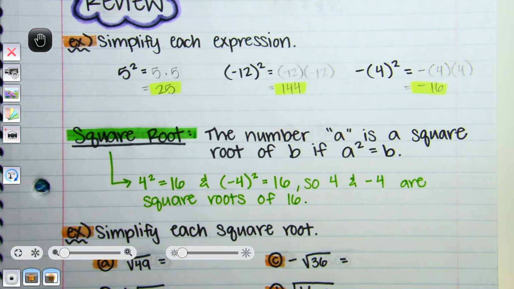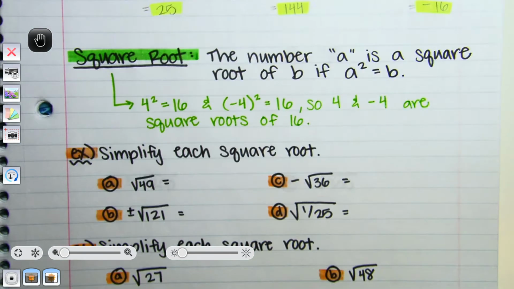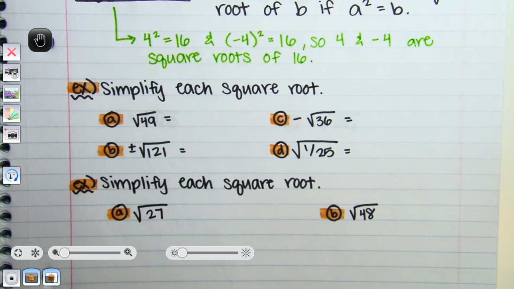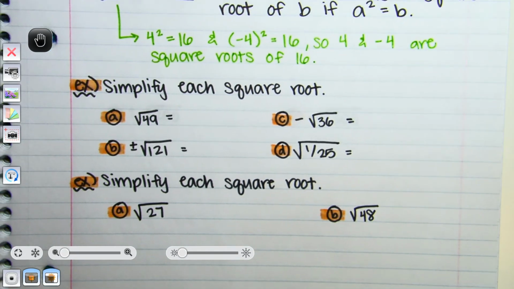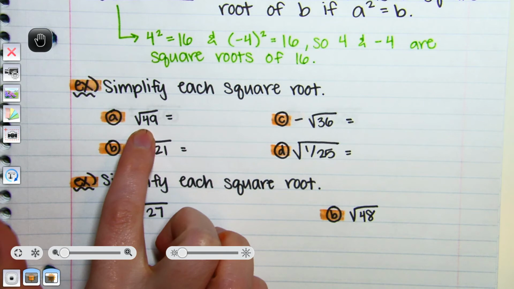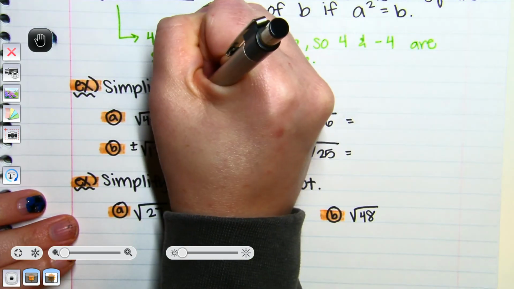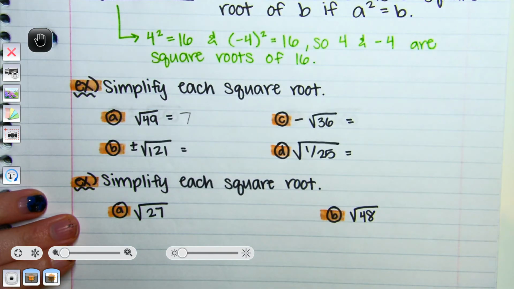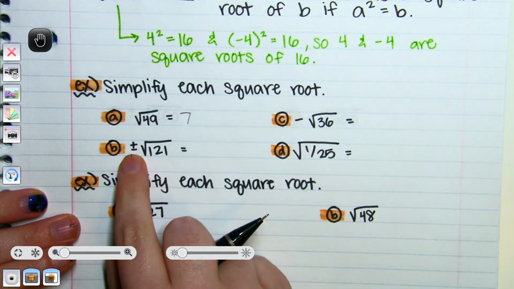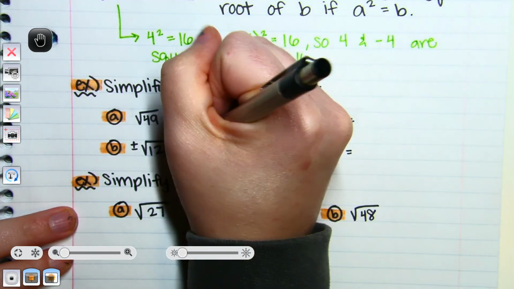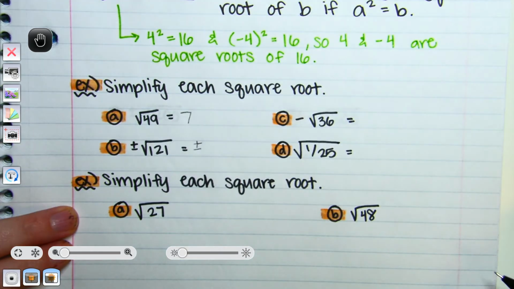All right. Now let's look at some examples. We're going to start off with some that are already perfect squares, like 1, 4, 9, 25, 36, 49, etc. So 49 is 7 times 7, so the square root of 49 is 7. Whereas part B, notice there's this plus or minus out in front, so my answer is still going to have that plus or minus in it.